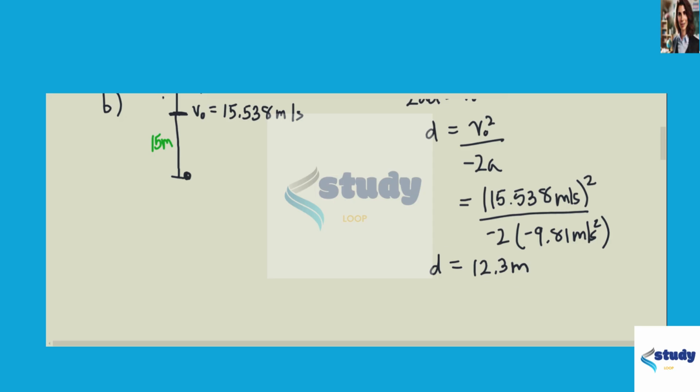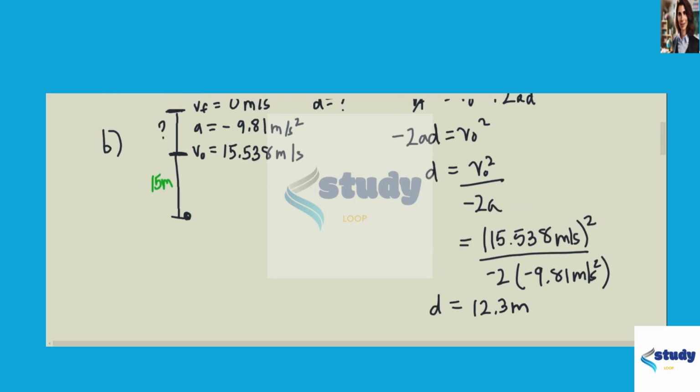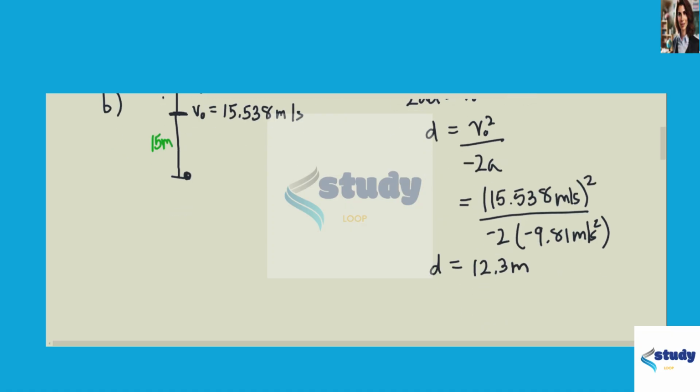So the total, the maximum height, is going to be the 15 meters plus the 12.3 meters traversed in that second part of the motion where there's no thrust and just the acceleration due to gravity. So H max is 15 plus 12.3, so that gives us 27.3 meters, or taking significant figures into account, that would just be 27 meters.